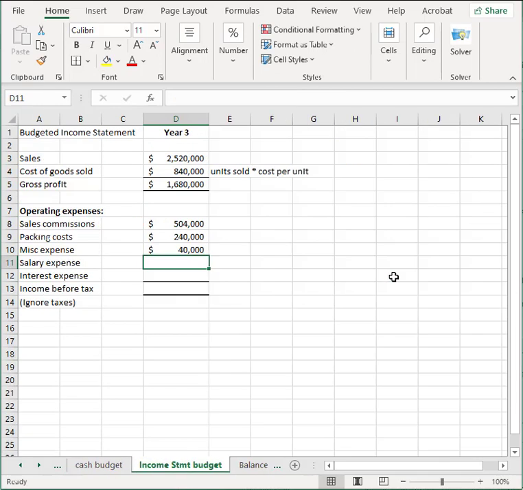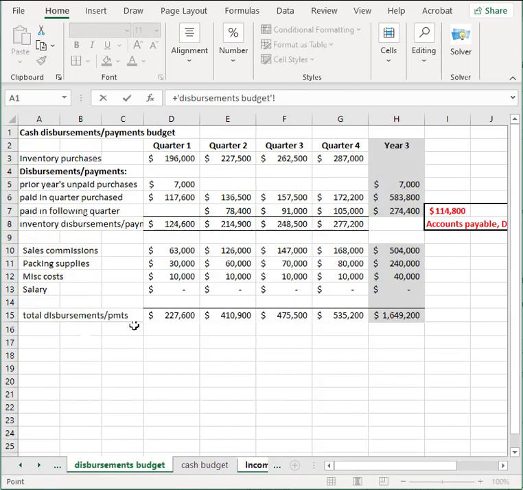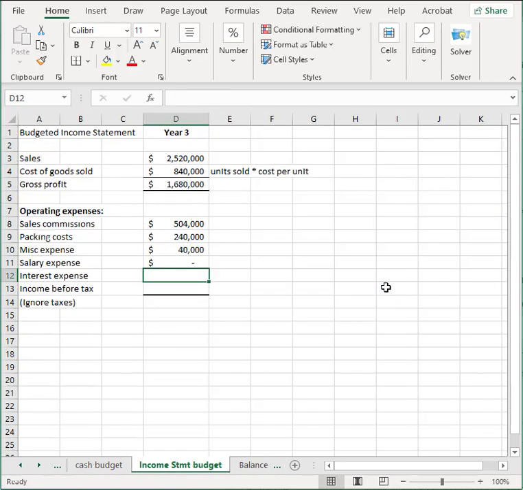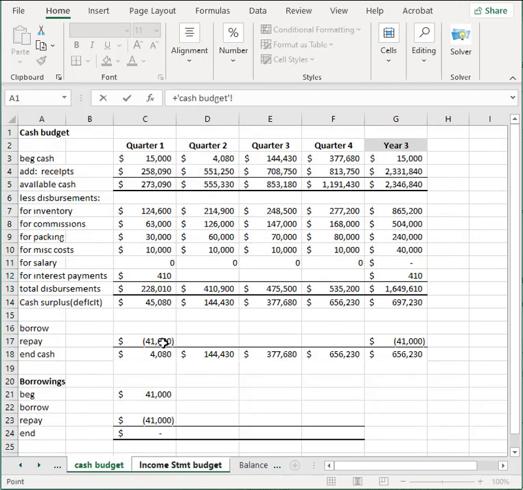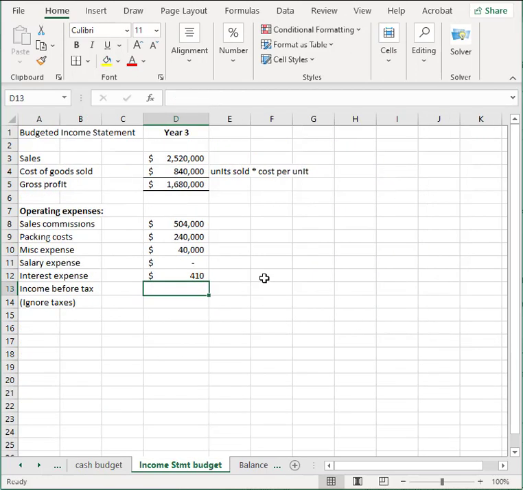And then right now there's no salary, but should you add salary in a scenario, we would be looking to that cell, should you put one in. Interest expense, we only had that in the 1 month, at least in my scenario, because I repaid the debt. If you didn't repay the debt, you would get all the interest in whatever quarters that it occurred.